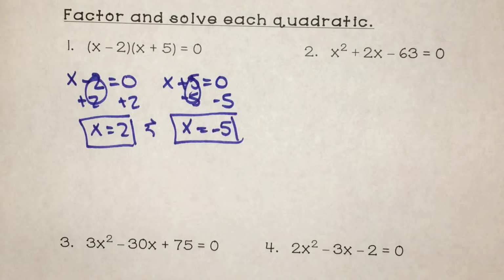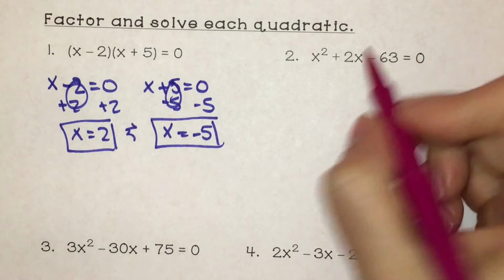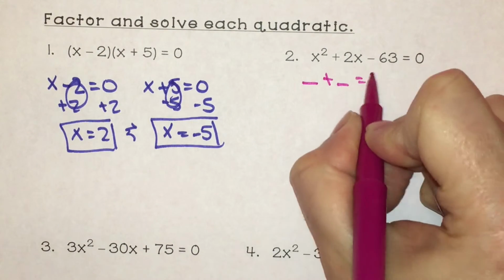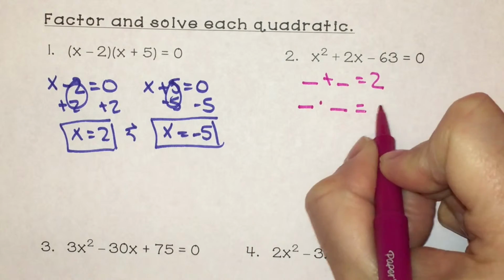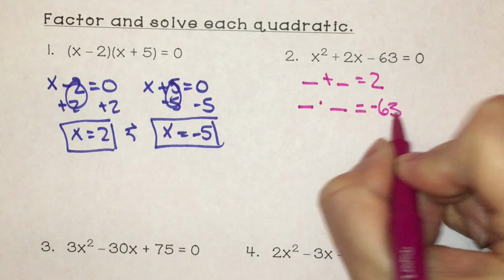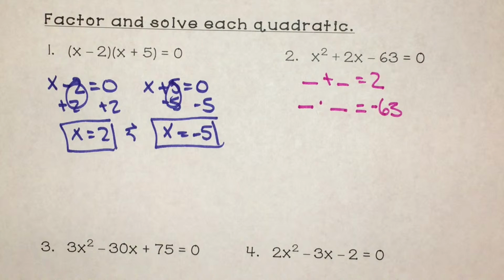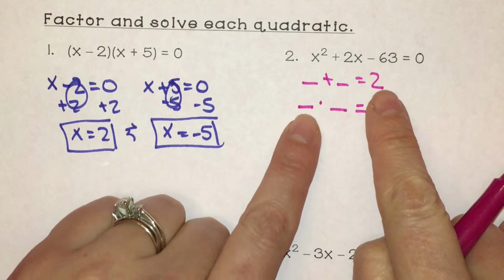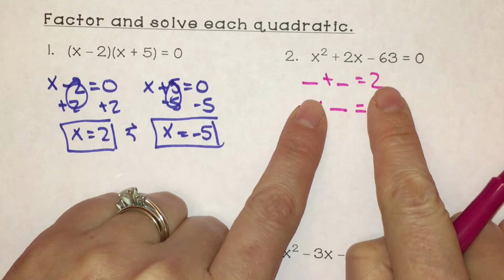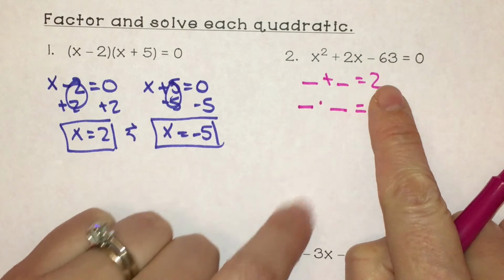All right, in the second one, I need to figure out what adds together to equal 2 and multiplies together to equal negative 63. I know 9 times 7 is 63, and I have to have one of them negative, and the larger one has to be positive to add together to equal a positive value.